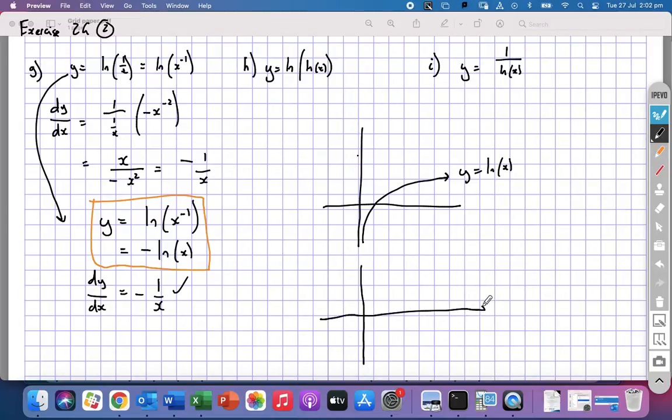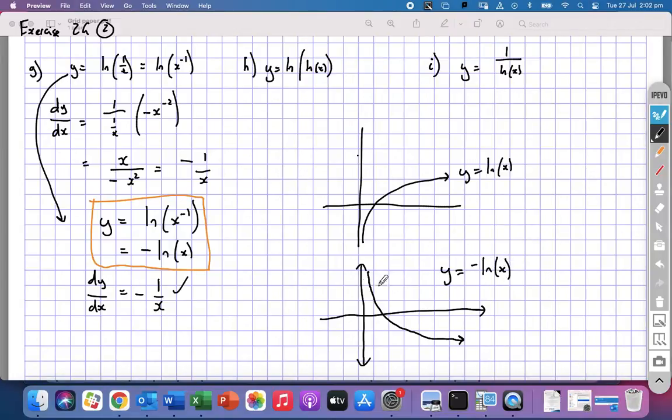All of our outputs that we would normally get for log x, all of the positive ones will now become negative, and all of the negative log x's will now become positive, because it'll be negative times negative. So we end up with a reflection about the x-axis. So we actually end up with this shape, don't we? Like that. That's better. So there's y equals minus log x.